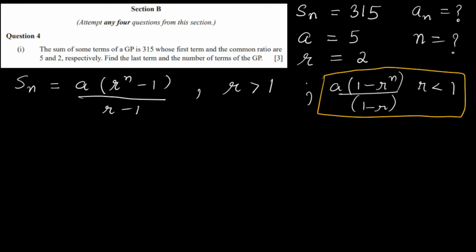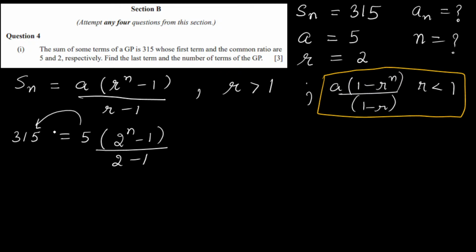Okay, so let's substitute. Because n we have to find, Sn is given to us, its value is 315. Okay, so Navya has given the answer, n is 6. Very good. Let's see. a is 5, r is 2, 2 to the power n, n we don't know, minus 1, and here 2 minus 1. First of all, this 5 we will shift to the other side.